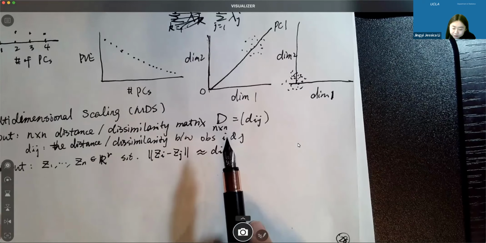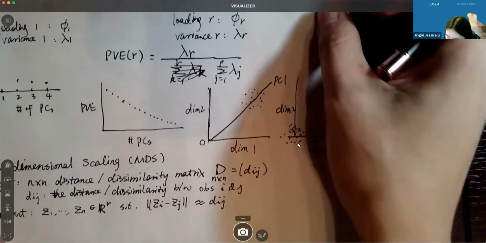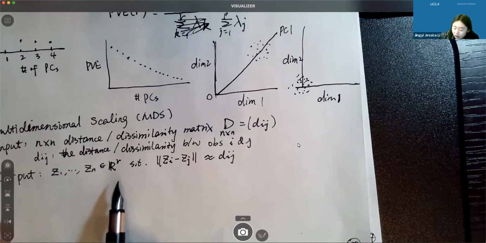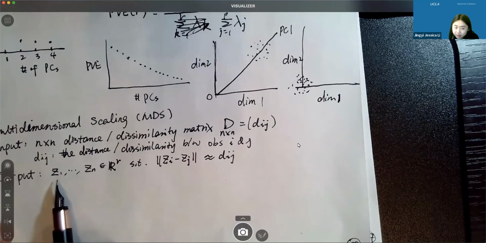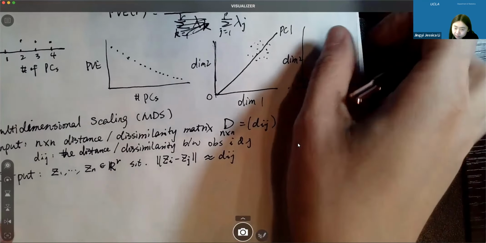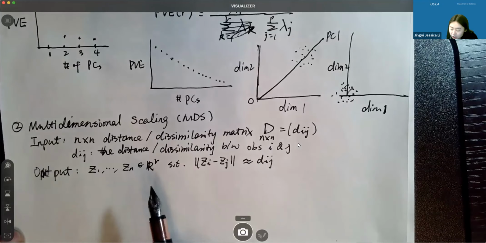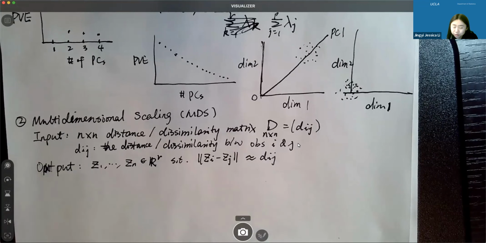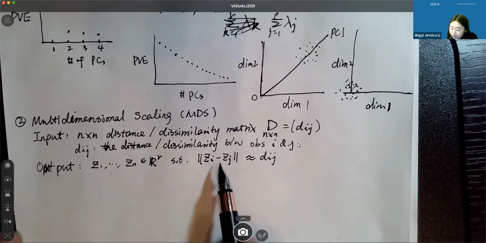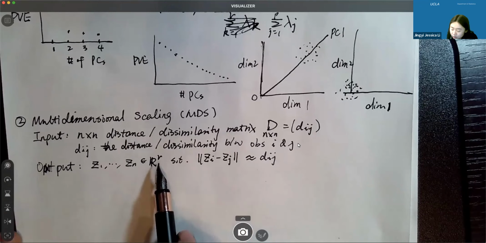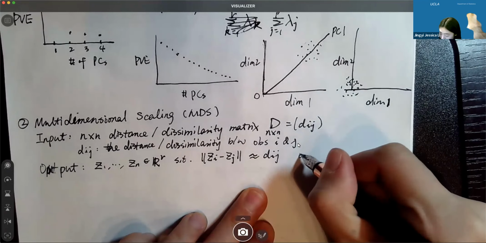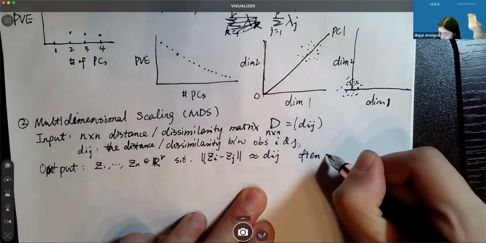Starting from this D matrix, our goal is to find a low dimension embedding of each observation. We call them Z1 to Zn. And in the MDS, usually the r is just equal to 2. So usually we just want to find a two-dimensional embedding. Therefore, in the two-dimensional space, say r equals 2, often r equals 2.